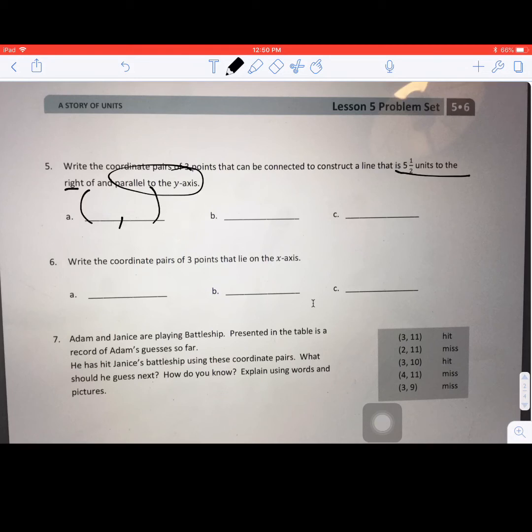Setting up my coordinate pairs for each of the points. Remembering that it has to be parallel to the y-axis, and it's 5.5 units to the right.